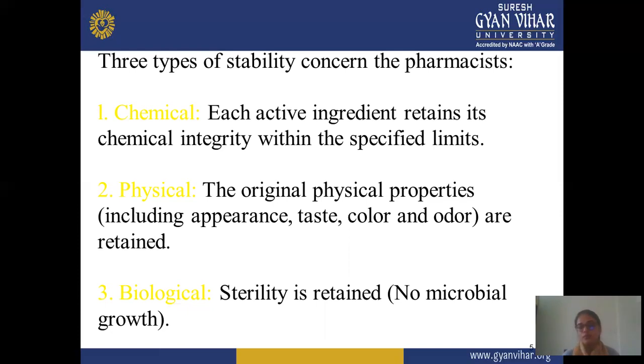This type of problem should not occur. Certain taste changes are also observed during storage, or color and odor also change. So your formulation should remain stable for a particular time period, up to the expiry date.